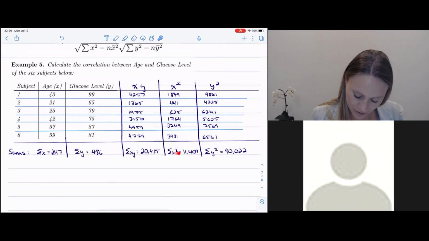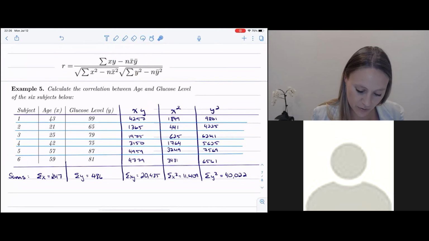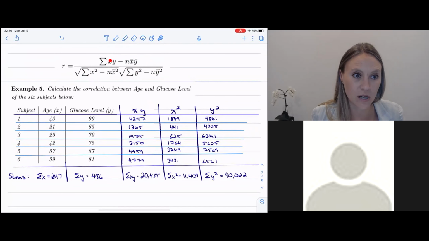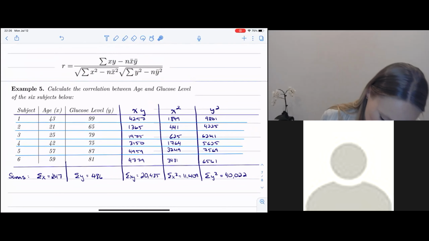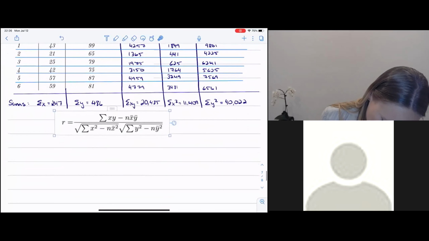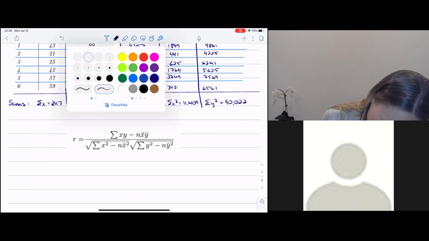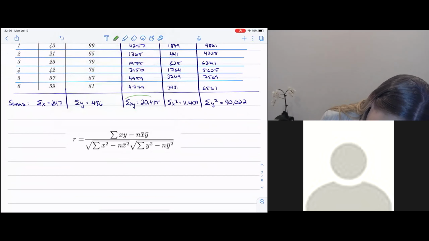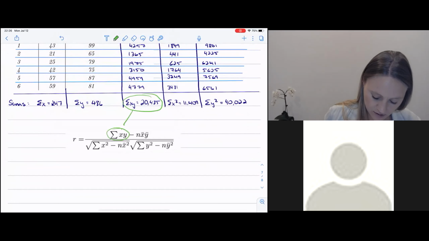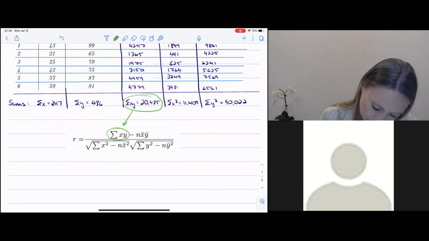So down here, we've got our sums, and now we can plug in a lot of this information. We have the sum of XY, and if I bring this down here so it's on the same page, the sum of XY is going to be replaced by 20,485.